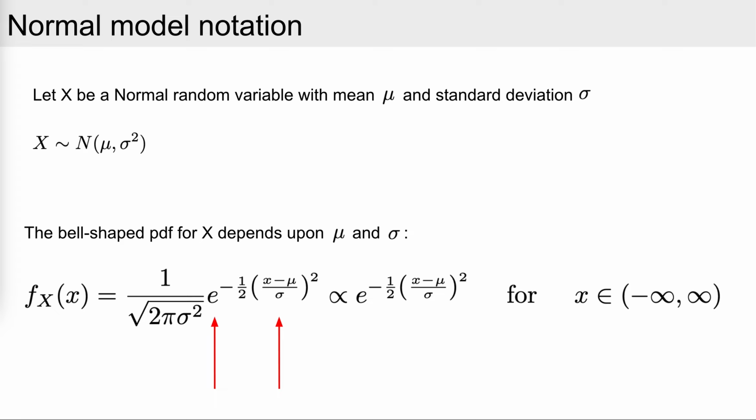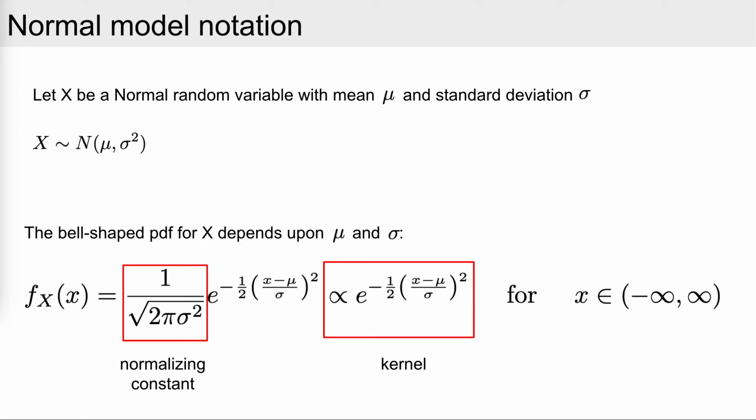Together then, these pieces ensure the bell shape of the normal PDF. Next, notice that the highlighted multiplier does not depend upon x, thus it serves as a normalizing constant. That is, it ensures the bell-shaped PDF has an area of 1. Dropping this normalizing constant, the normal PDF is proportional to its kernel.